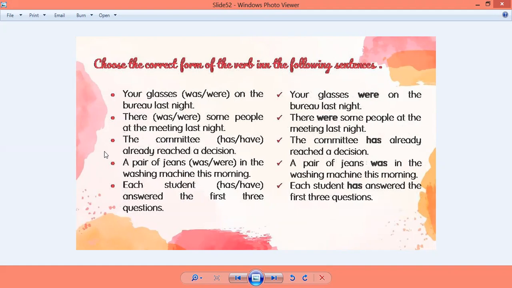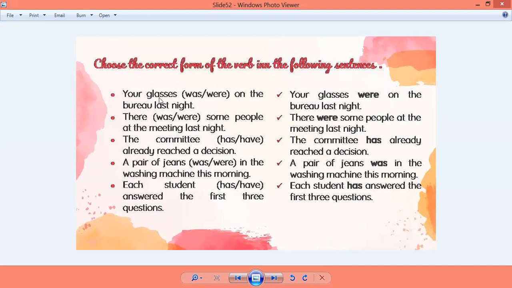Okay, next one. Your glasses were on the bureau last night. Right, your glasses were on the bureau last night. हमने यहाँ glasses use किया है. Rule क्या था कि some of the words which are always plural, right? जैसे कि वो tongs था या फिर it was scissors or pliers, तो वो हमेशा plural ही रहेगा. और अगर उसको singular करना है तो हमें a pair of लगाना पड़ेगा, जो यहाँ पे नहीं है.